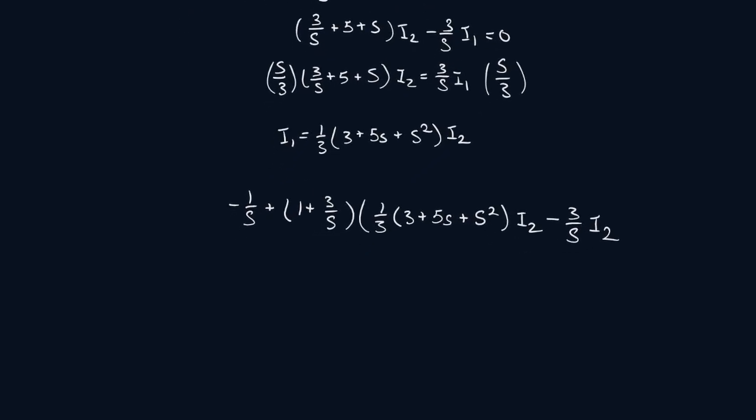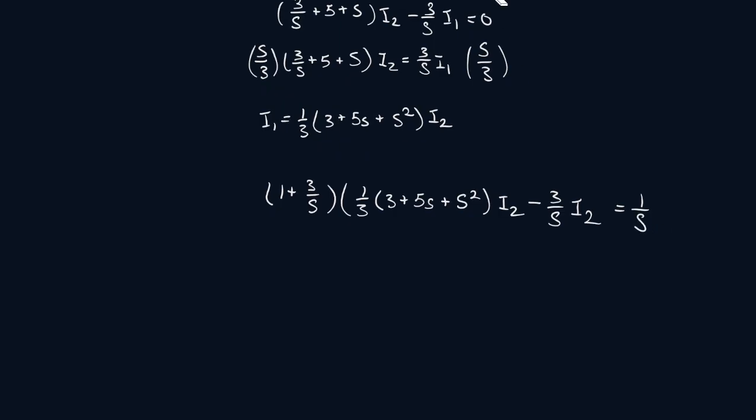Okay, we can bring this S to the other side. There'll be 1 over S. And then this and this both have an I2, so we'll incorporate it into this. There we go. And now we just expand all of this in here.